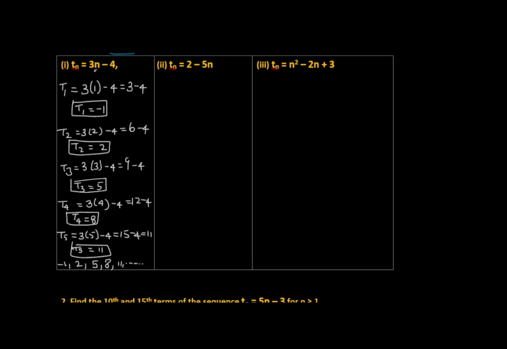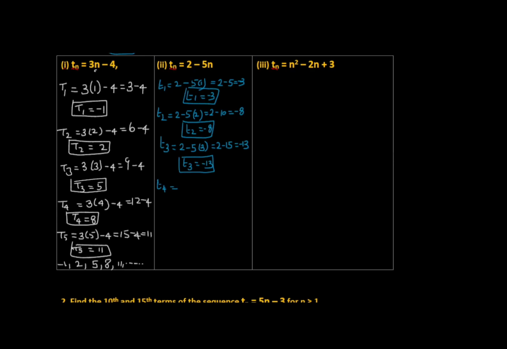Now look at that next one. Here T1, 2 minus 5 into 1. So 2 minus 5 is minus 3. Our T1 is minus 3. Then T2. 2 minus 5 into 2. So 2 minus 10 is minus 8. T2 is equal to minus 8. Now third term, T3. 2 minus 5 into 3. 2 minus 15, minus 13. T3 is minus 13.